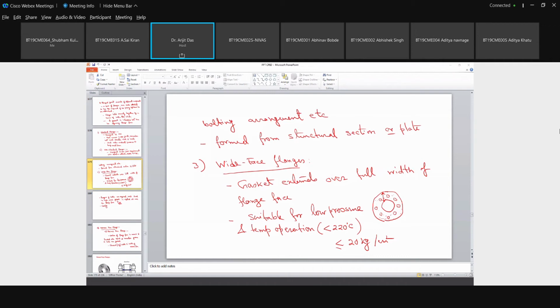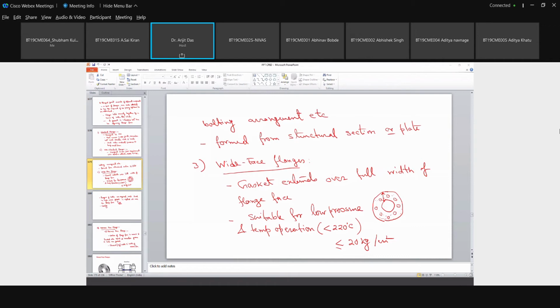So we were discussing the flanges. The main purpose of using a flange is for joining two parts of a pipe, or a portion of an equipment with another.